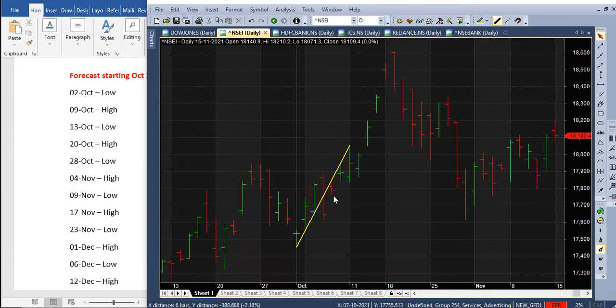And I still keep holding my position here. And when I see a setup like this, this is already 11th of October, and my trend should culminate in the highs on 9th of October. So if you see these two bars, this is 8th of October and this is 11th of October.